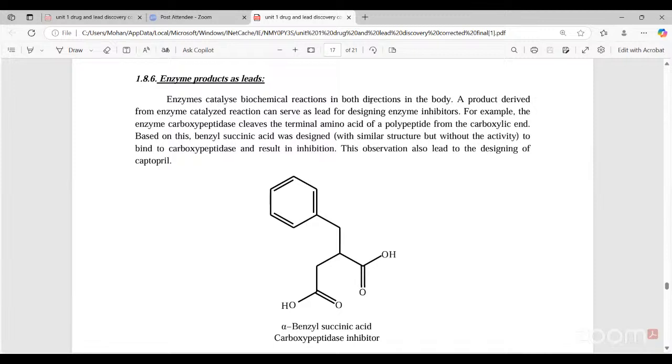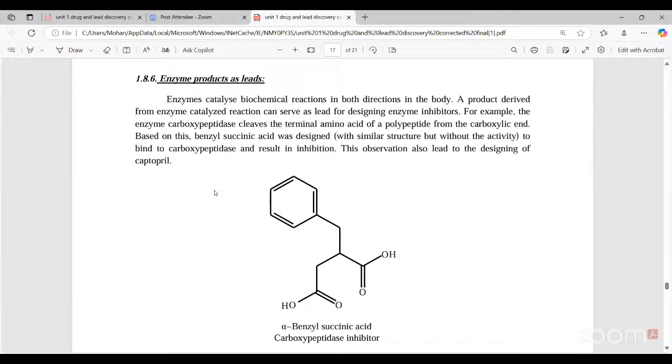The enzyme carboxypeptidase cleaves the terminal amino acids of the polypeptide from the carboxylic acid end. A compound based on benzylsuccinic acid was designed to bind to the carboxypeptidase and it results in inhibition. So this observation also led to the design of captopril.